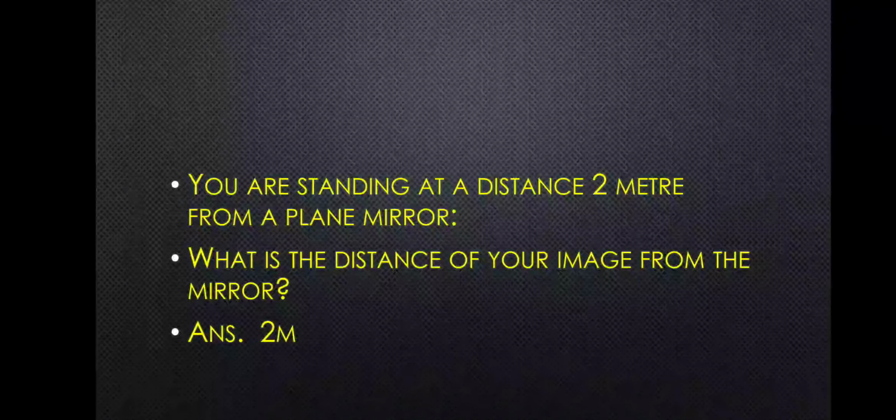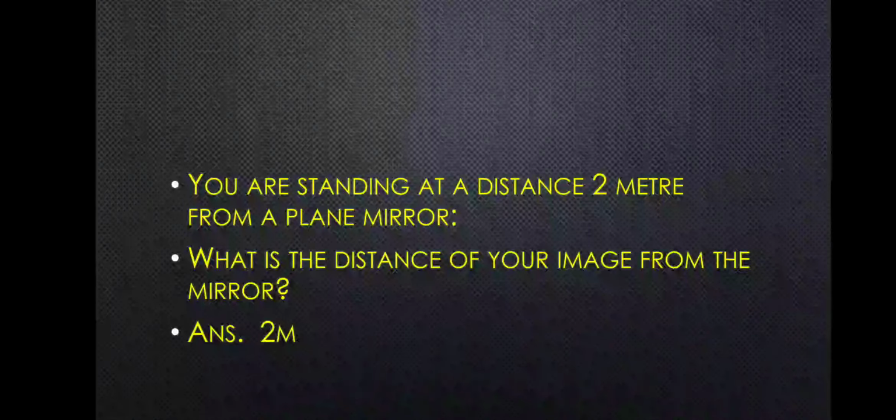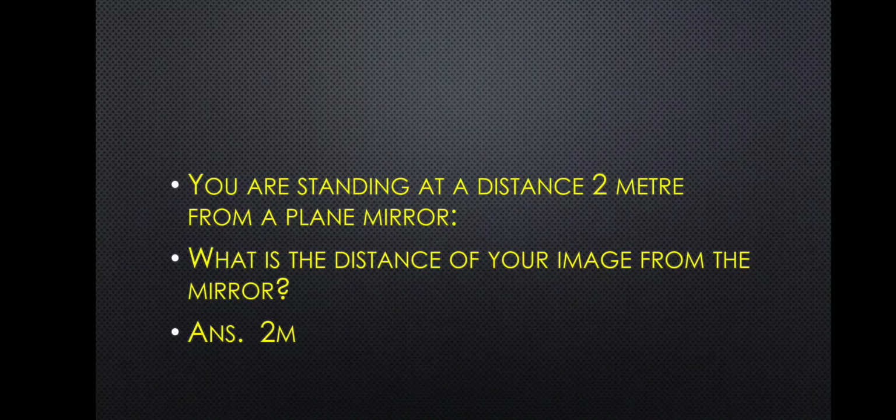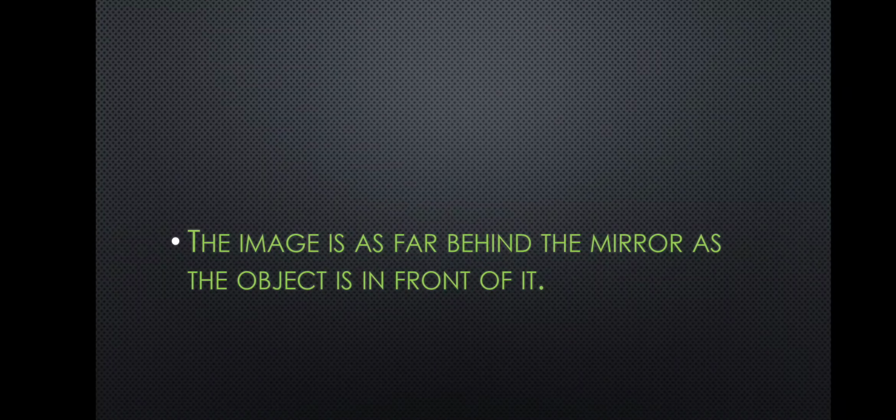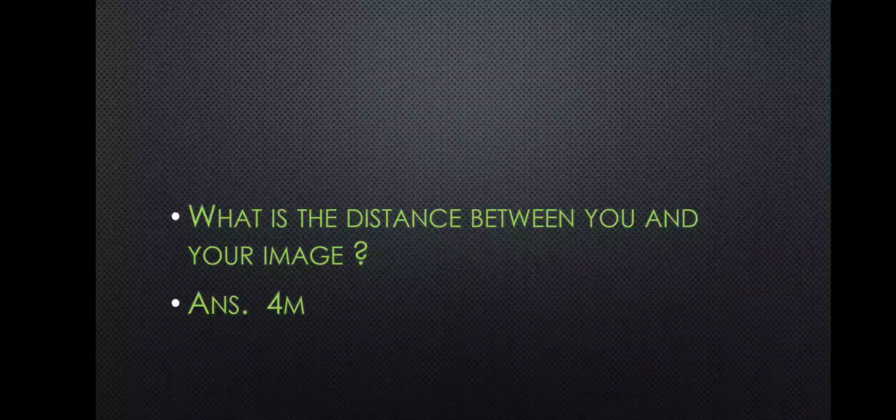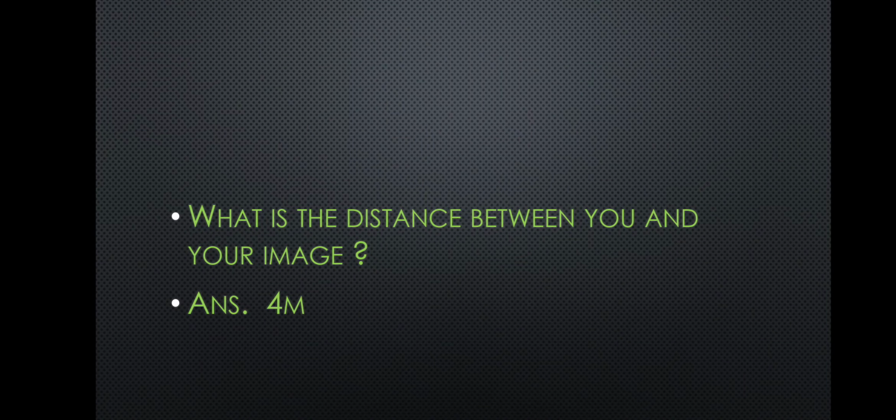Now next, you are standing at a distance of 2 meters from a plane mirror. What is the distance of your image from the plane mirror? So what will be the distance? It is 2 meters, right? If there is a 2 meter difference between you and the mirror, then between the mirror and the image also, what will it be? The same 2 meter distance. Okay. Next question: what is the distance between you and your image?